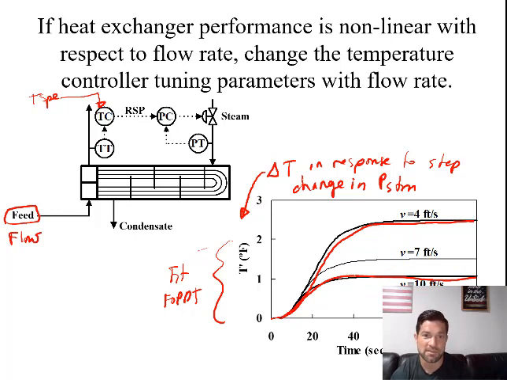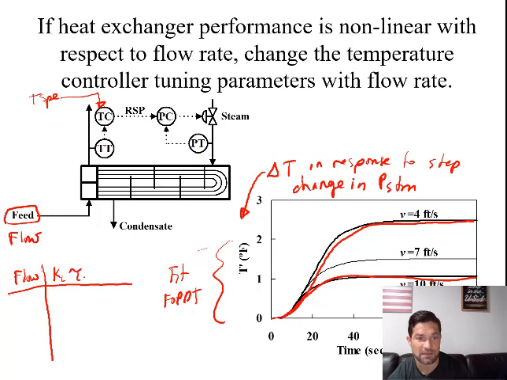In order to compensate for this, a lot of controllers have what's called a scheduling feature or adaptive controller feature. What that means is that a certain measurement is made, for example a measurement of flow, and for a certain flow we'll have a value of Kc, tau I, and tau D. Maybe for a flow range of 2 to 4 we have certain numbers.